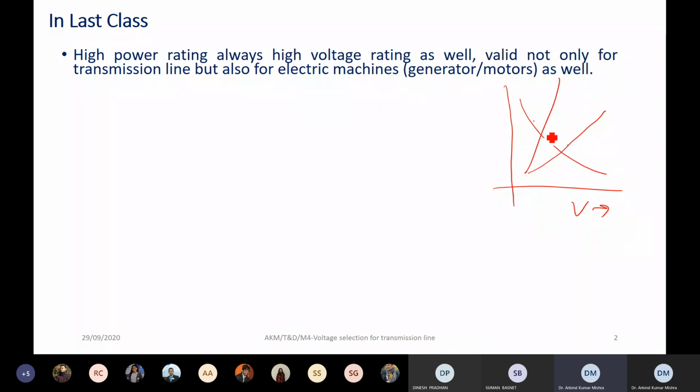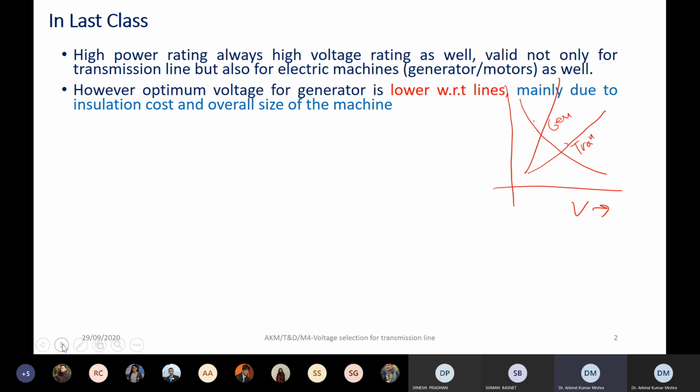This trend may be for a transmission line, and this trend may be for a generator in general. In summary, for each and every equipment, the higher the power rating, the higher the voltage rating as well.